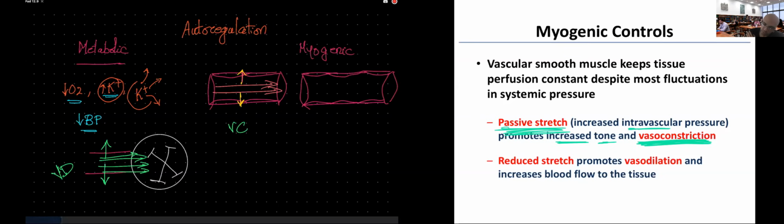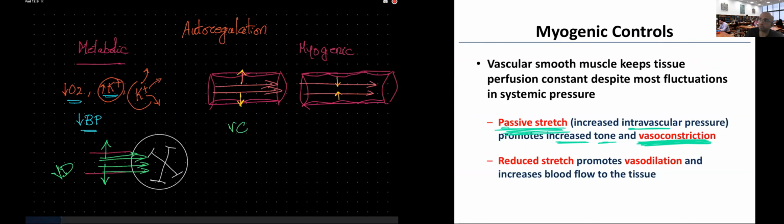How about if I did have a reduced stretch applied to the smooth muscles of those vessels? So this means I have high or low blood supply to this organ. I have less stretch, this means less blood is coming in.